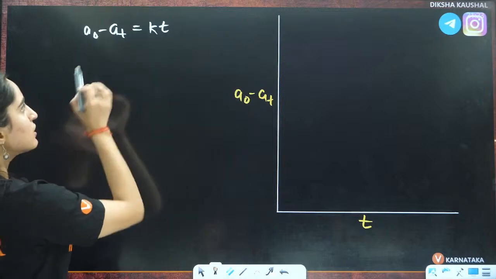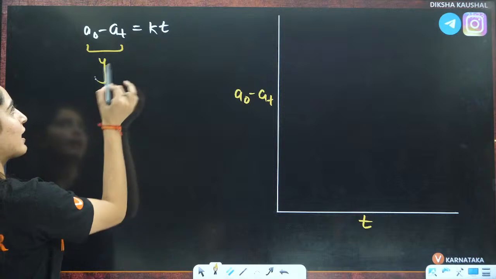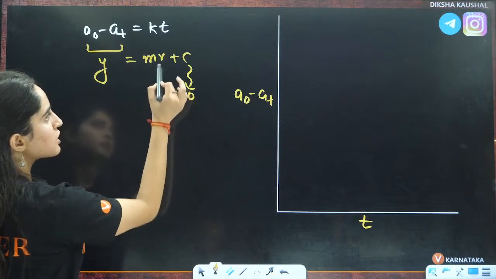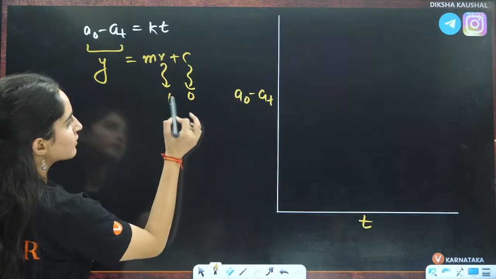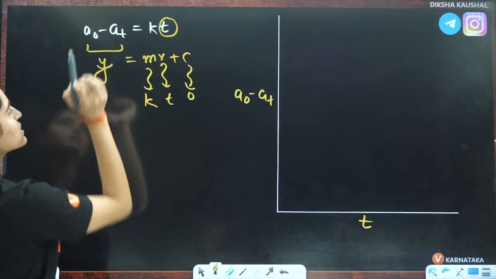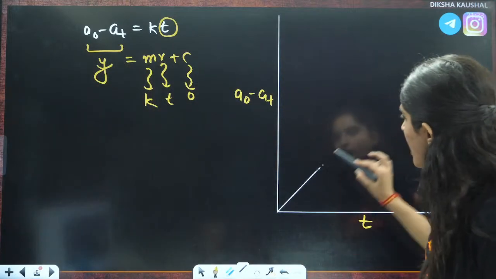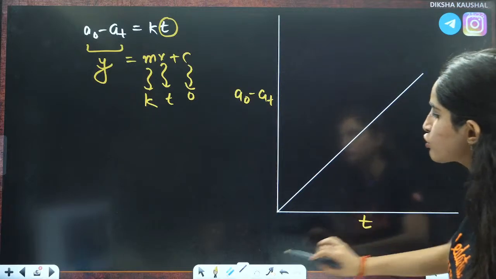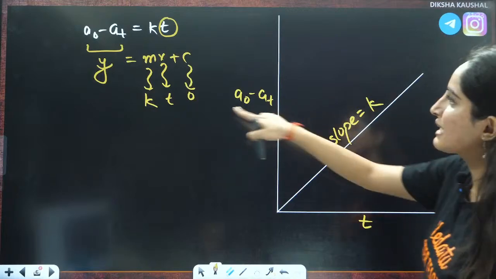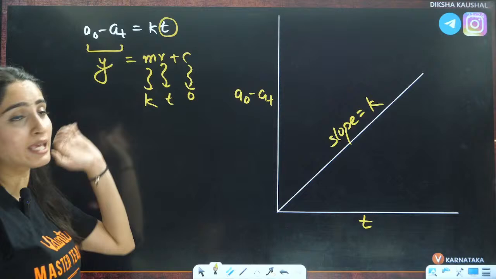This is the equation. If I compare this with y equals mx plus c, again the intercept is 0. X is T. Slope is K. Y is A naught minus AT. So here the line goes from the origin with a positive slope, because the slope is going to be k here. Slope is m, that is k.